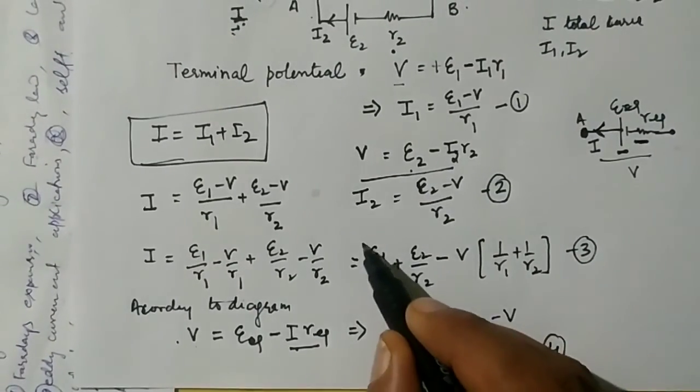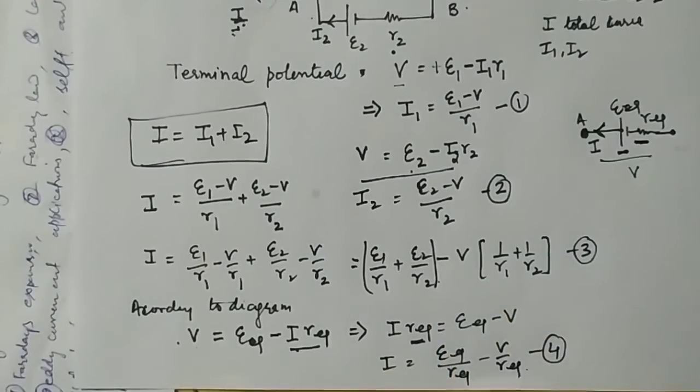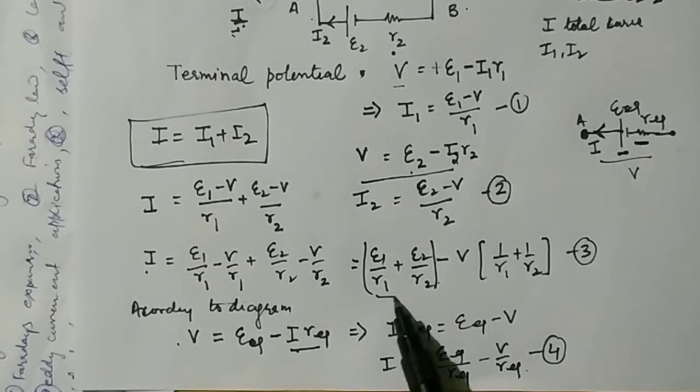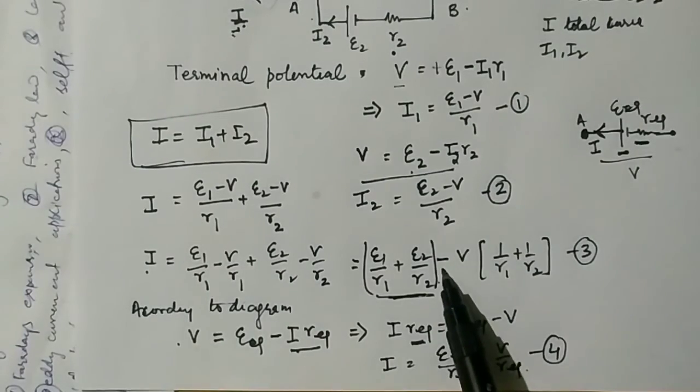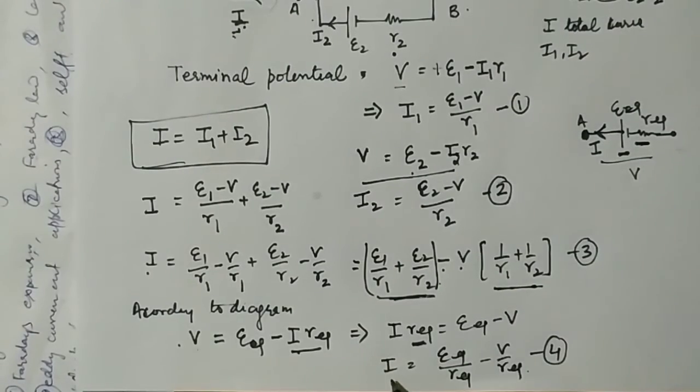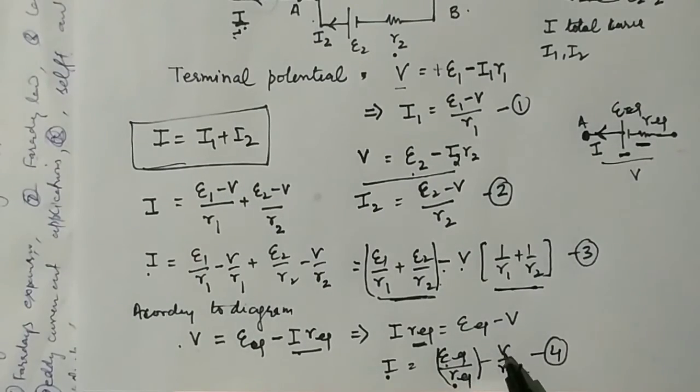Third and fourth equation. See here, I is equal to this term minus V times this term. Here you see current is equal to E equivalent divided by R equivalent, this term, V and this term.